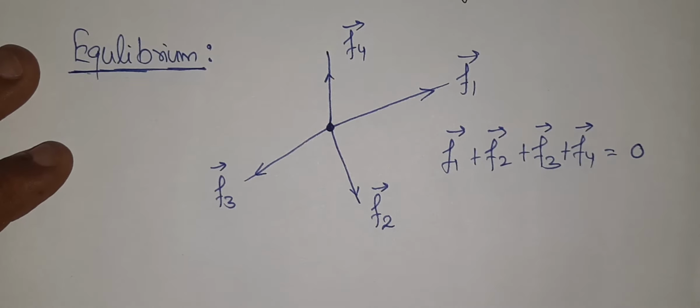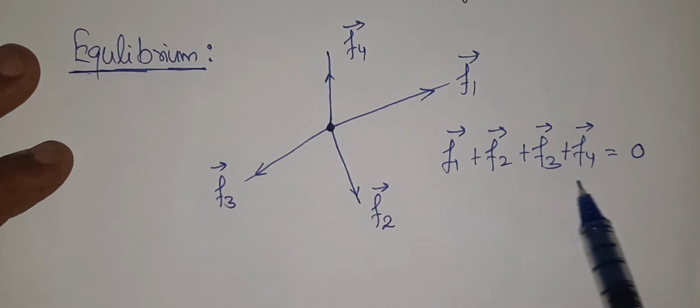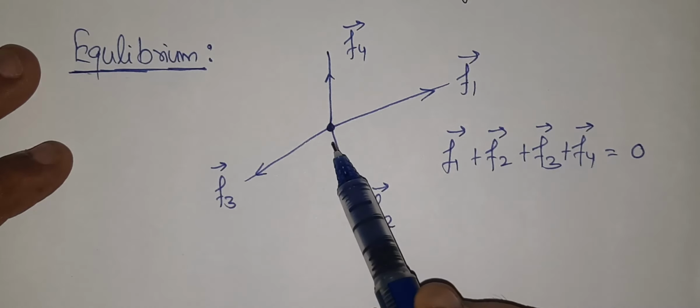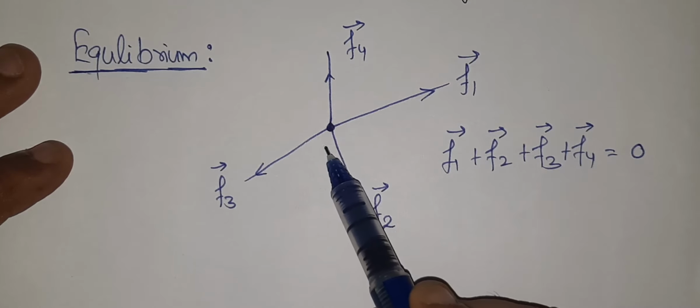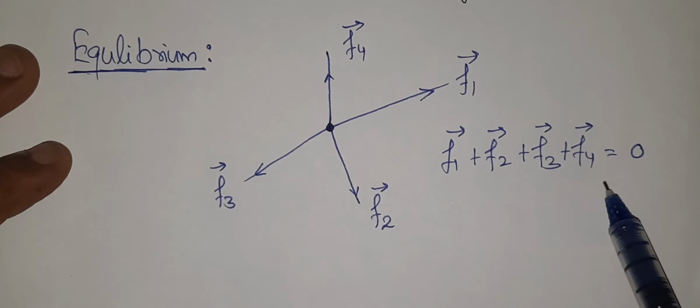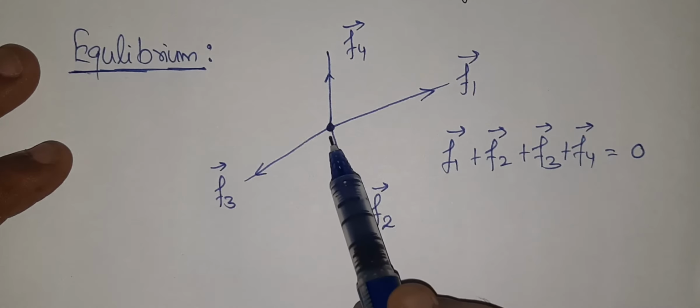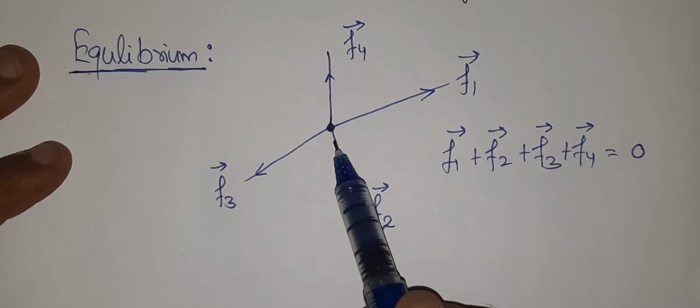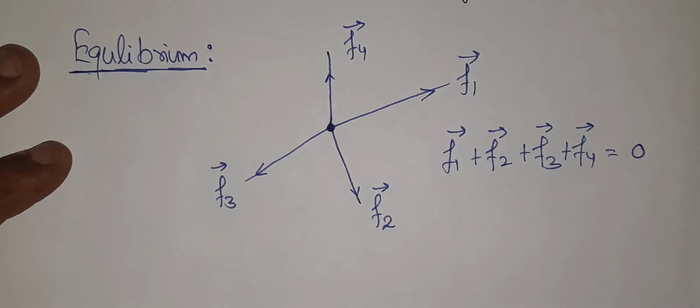Okay. When the vector sum of all these forces acting on this particular body will be 0, only in that very situation we will say this particular body is in equilibrium.